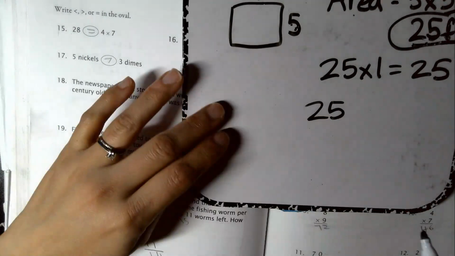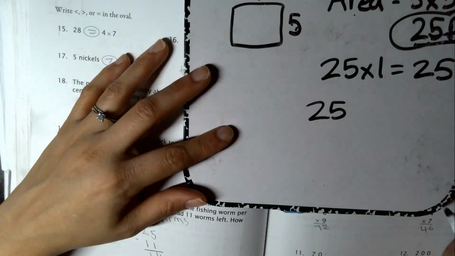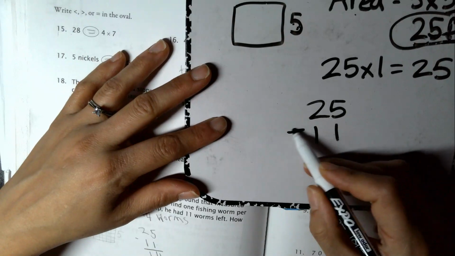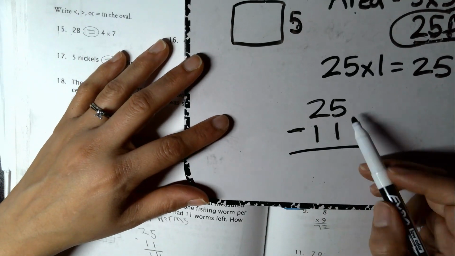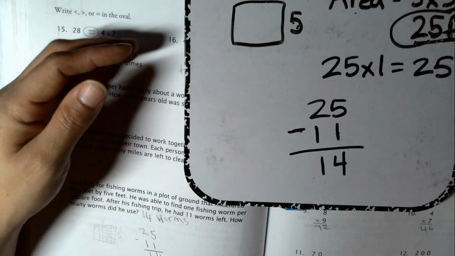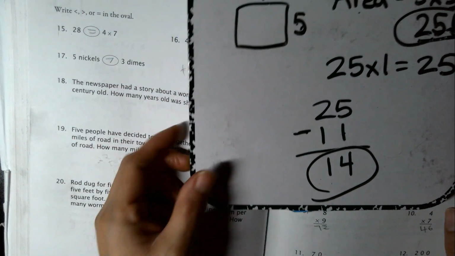We have to find out how many worms he used. Let's subtract the ones he had left, and that will give us how many he used. 5 minus 1 is 4, 2 minus 1 is 1. So he used 14 worms on his fishing trip.